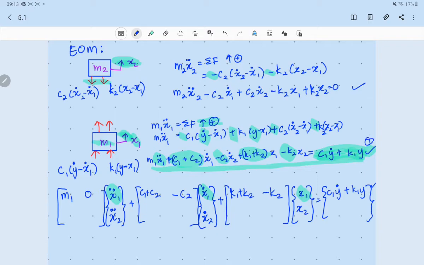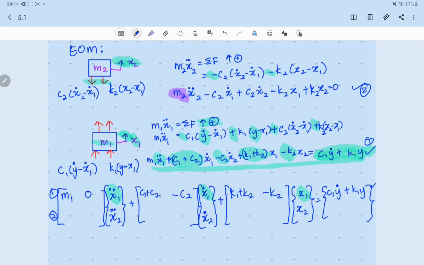So we're done with the first equation. Then we go to the second equation, which represents M2. For the second equation, we take a look: there's no x double dot 1, but we just have x double dot 2 there.